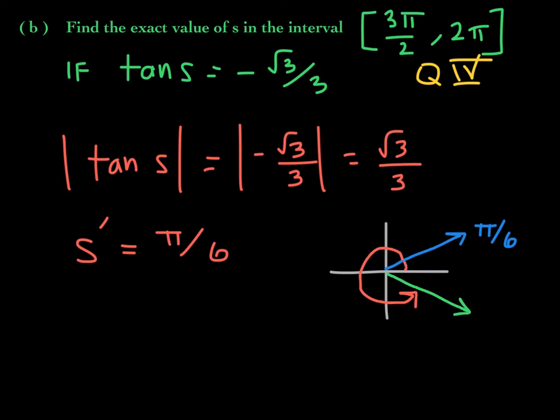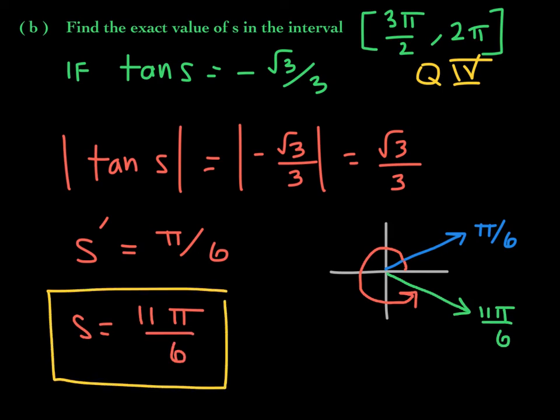This is 11 pi over 6. Okay, so then the answer is s must be exactly 11 pi over 6. 11 pi over 6 would be the angle in quadrant 4 whose reference angle is pi over 6.